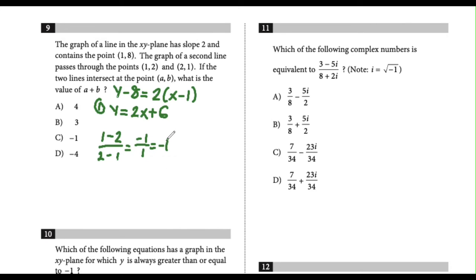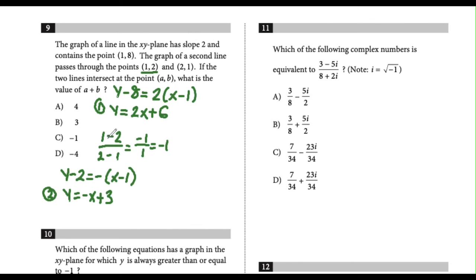So this is going to be the slope of the second line, and we're going to choose the point 1, 2. Our point slope form is going to be y minus 2 equals negative 1 times x minus 1. Then if we get y by itself, we're going to get that y equals negative x plus 3. And this is going to be the second equation.